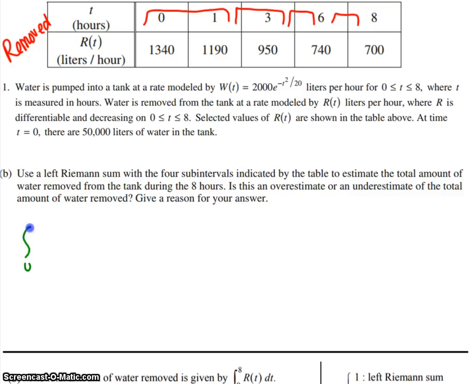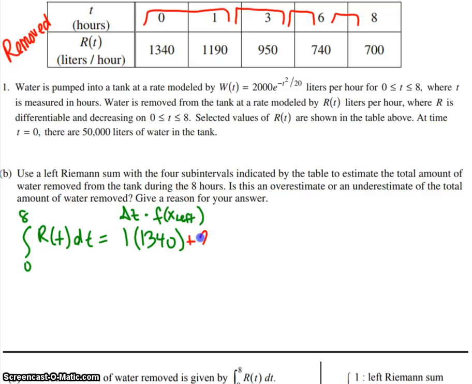So the integral from 0 to 8 of R of t dt is going to be delta t times the y value at the left x value. From 0 to 1, delta t is 1 times 1340. From 1 to 3, delta t is 2 times 1190.